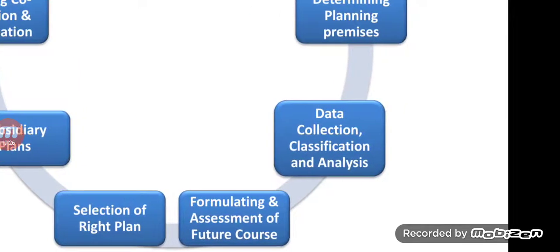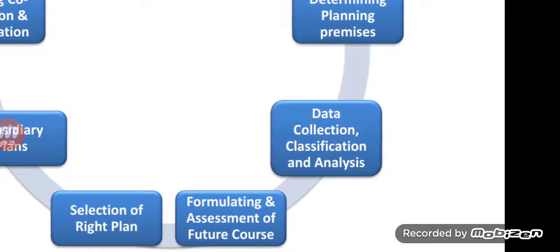Clear? Now the fifth point, formulating an assessment of future course. At this stage, various alternative plans will be framed based on organizational objective and planning premises. These alternative plans give a direction that objectives can be achieved in many ways.